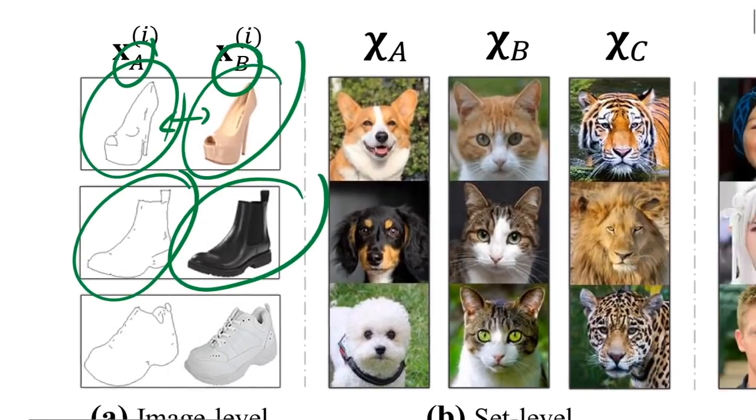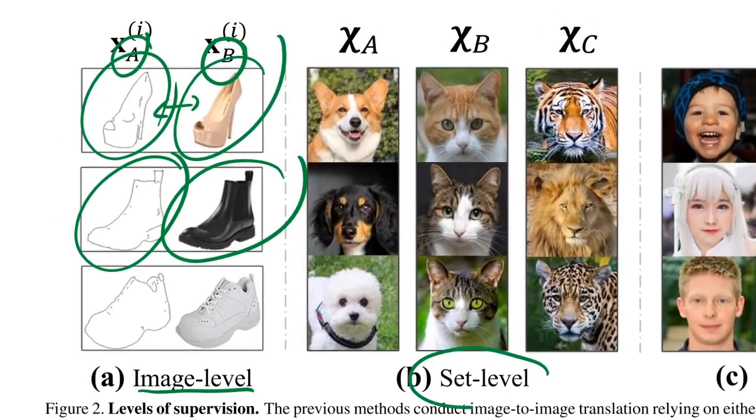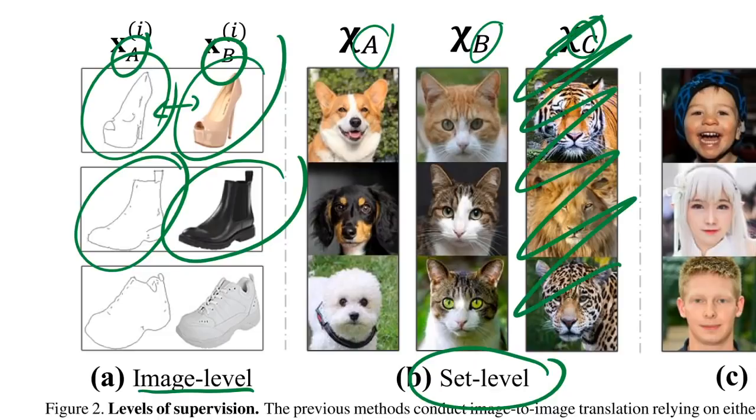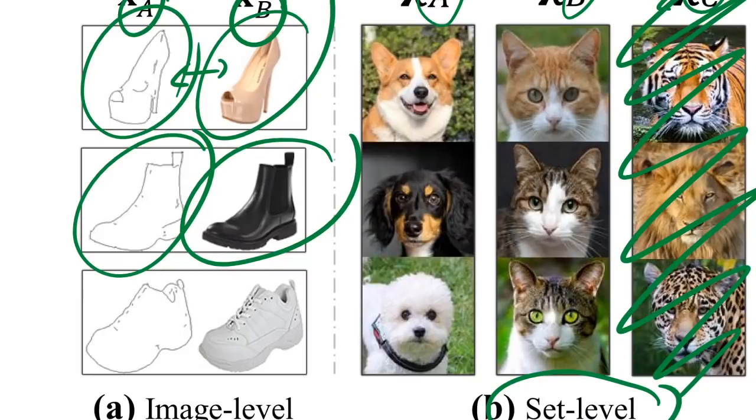Then the next stage of this was when you only need set level annotations, and that's sort of what we looked at if you had supervised labels for domains. So you'll say that there are three domains, A, B, and C. Actually, let's forget C for a moment and just deal with A and B to make it equivalent to the thing on the left.